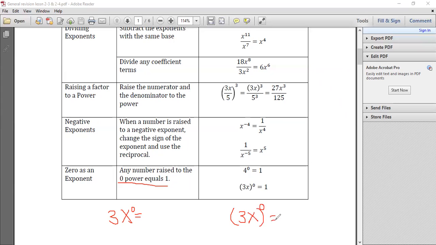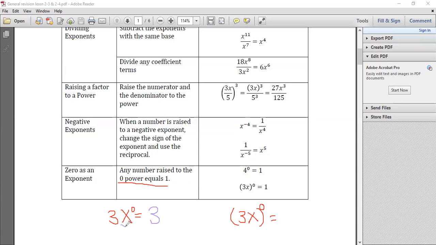What is the answer for the first one? It will be only 3.